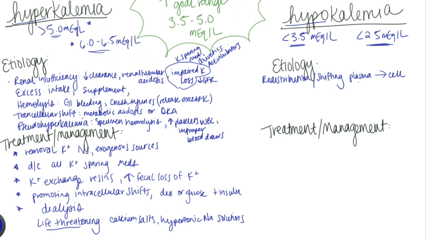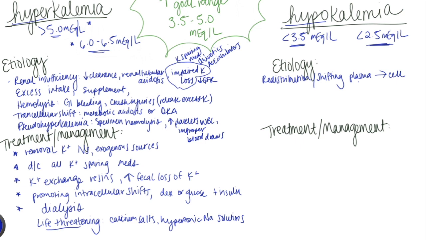While this can be potentially beneficial for the cell in some cases, this leads to just a total plummeting of our plasma level. And so we need to be able to correct that because we still need potassium in our plasma, even though it's technically mostly an intracellular electrolyte.